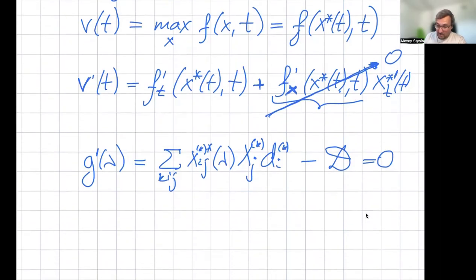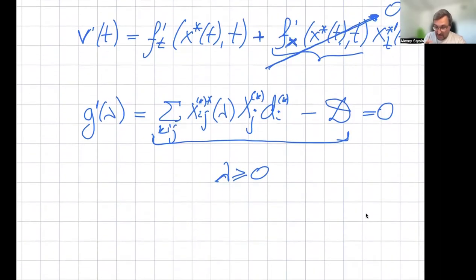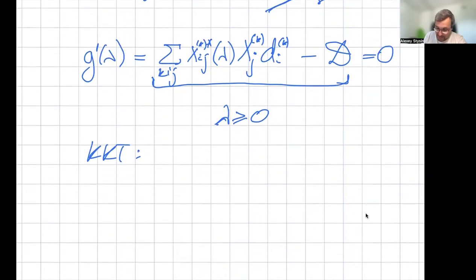And really, this thing simply says that we need just to find the lambda that would make this go to 0. And also remember that we had the constraint on lambda. So this is the way to derive the KKT condition. The KKT condition says that either lambda is 0 or the constraint is 0.